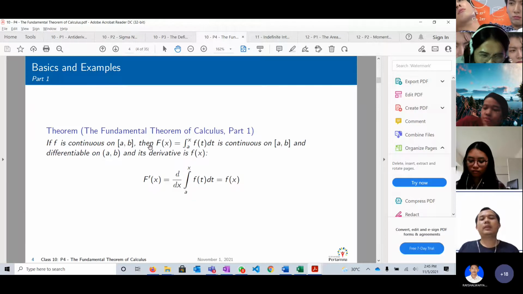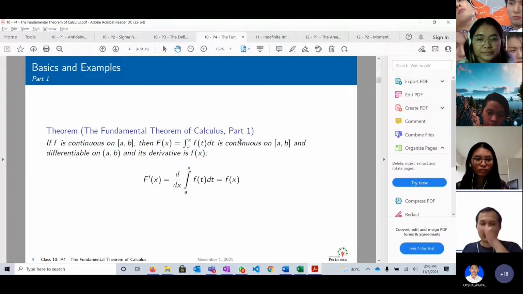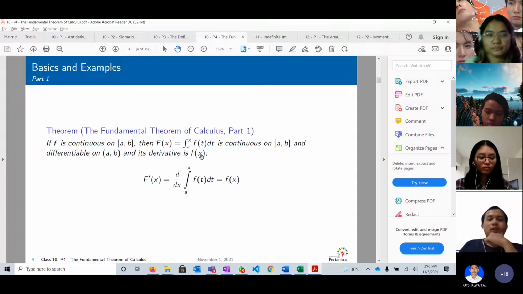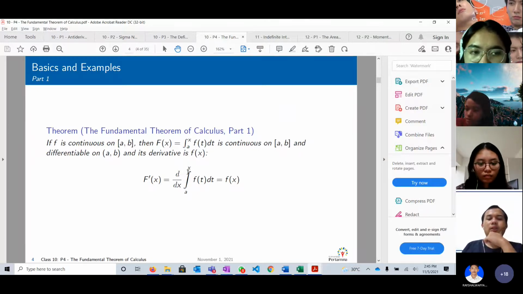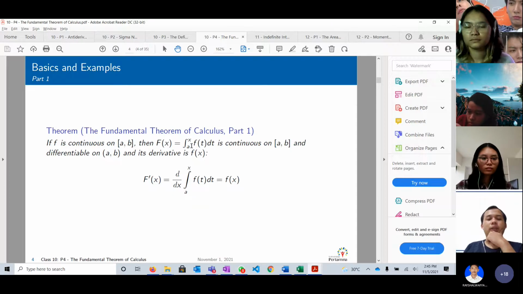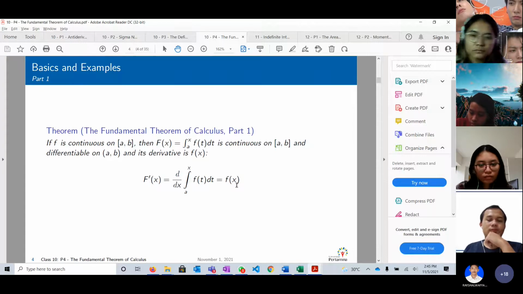So the fundamental theorem of calculus part 1 says that if we have capital F of x is integral from a to x of small f of t dt, then the derivative is basically just small f of x.